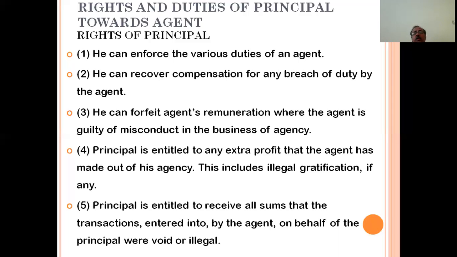The agent is required to provide that money to the principal. Whatever sums are received, the principal has the right to get all sums received. So these are the rights.